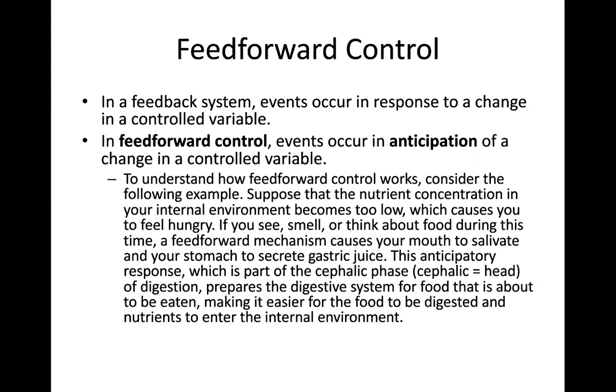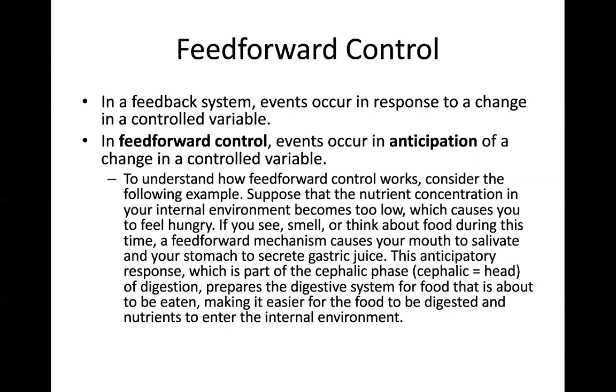So consider this example. Suppose the nutrient concentration in your internal environment becomes too low, like your blood sugar is low. This causes you to feel hungry. At this point, if you see, smell, or even think about food, a feed forward mechanism causes your mouth to start to salivate, so you produce saliva. Your stomach starts to secrete gastric juice, which is a digestive juice, even though your stomach's empty.